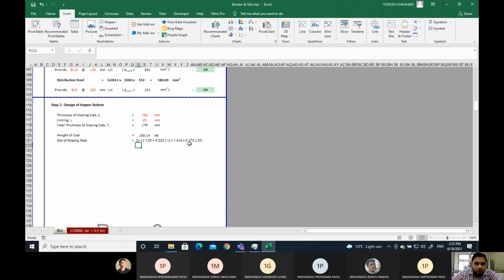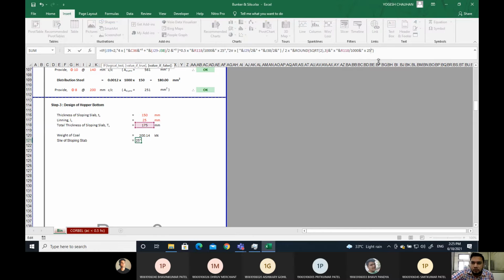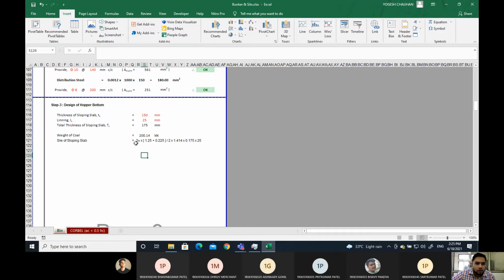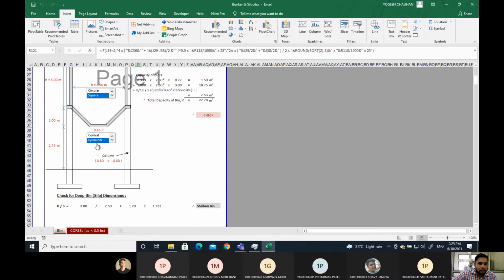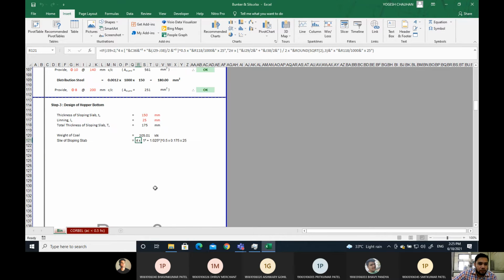So 0.75 0.175 into 25, and this bracket should not be there. Okay, so this is the formulation for the first case, and if I select the second case, then this should be the formula. Now you have to calculate it.